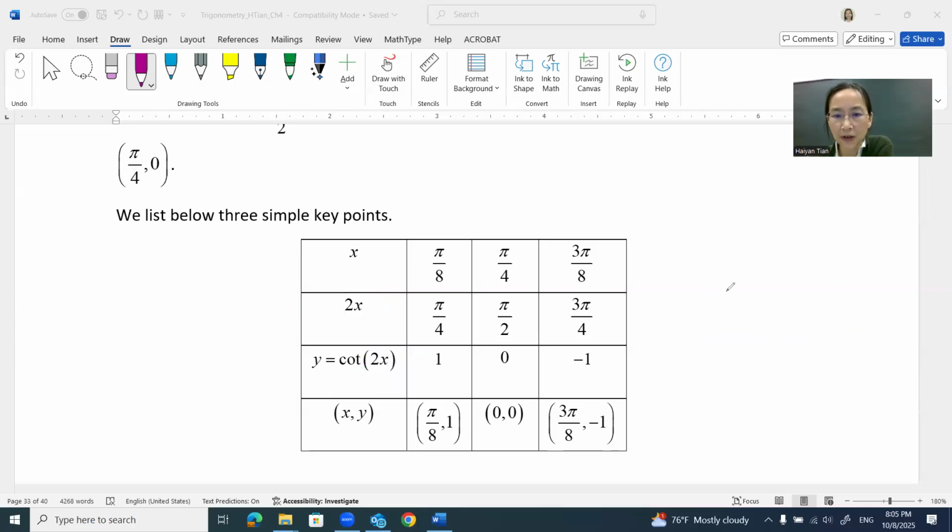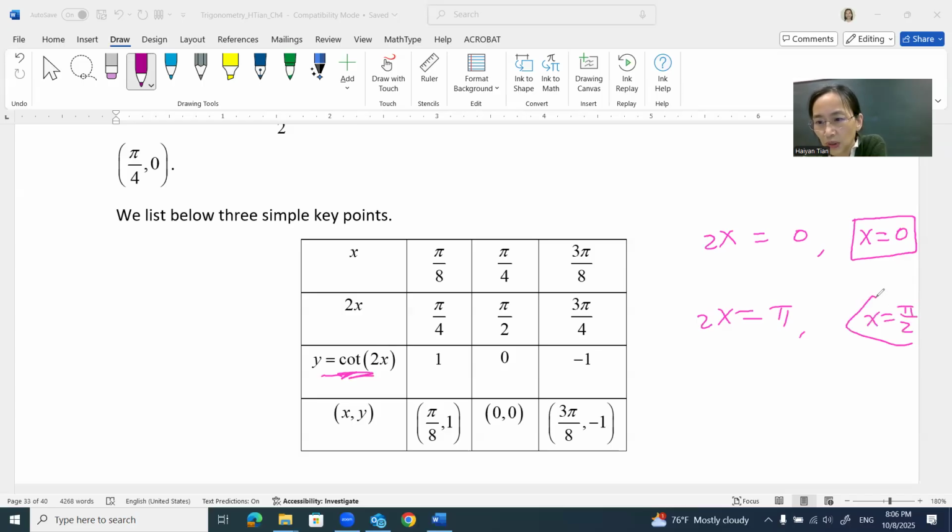If 0 and pi are the vertical asymptotes for 2x, when 2x is 0, cotangent is undefined, and when 2x is pi, cotangent is undefined. That means when x is half of 0, which is still 0, the function is undefined, and when x is half of pi, undefined. So we already know the vertical asymptotes, the two vertical lines x being 0 or x being half of pi.